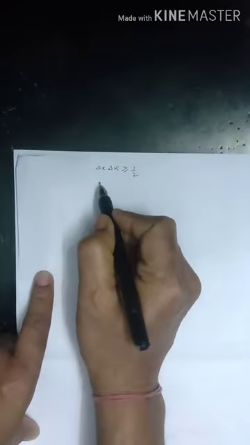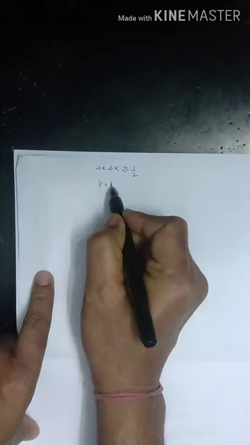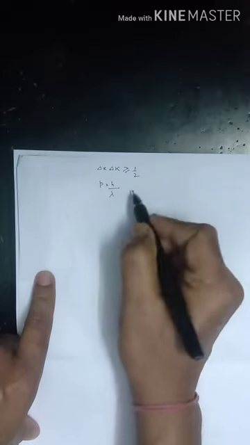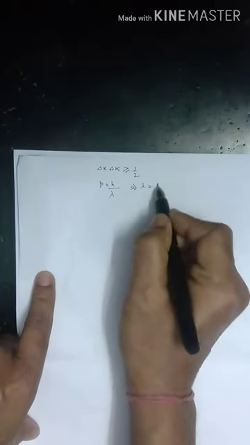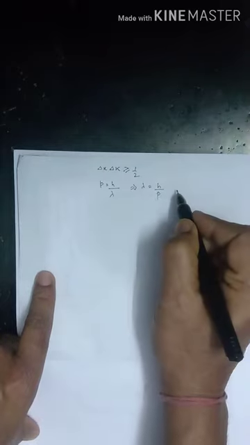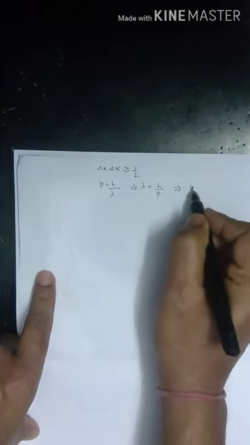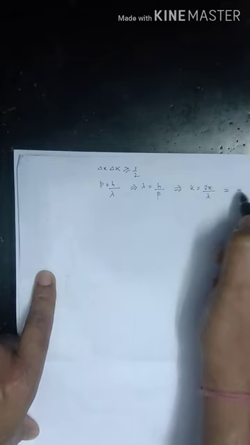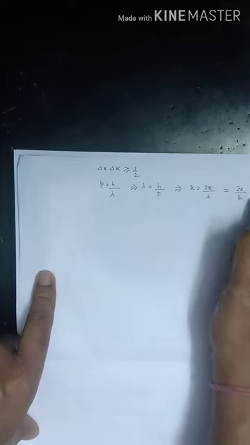According to the de Broglie hypothesis, the momentum p is given by h by lambda, where p is the momentum associated with the moving particle, or lambda is equal to h by p. And so k, which is equal to 2 pi by lambda, can be written as 2 pi by h into p.